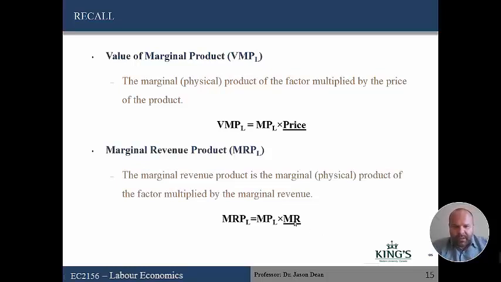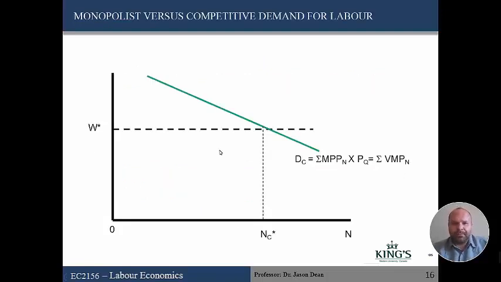Basically the difference is just what we're multiplying by. Here we're multiplying by price, here we're multiplying by MR. So when we're looking at a monopolist, we're going to consider this as the marginal revenue product, or the marginal benefit from hiring an additional worker.